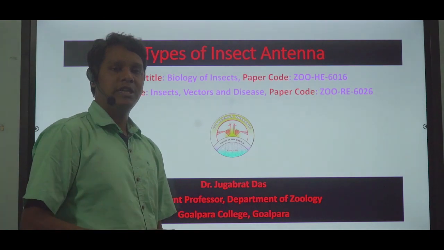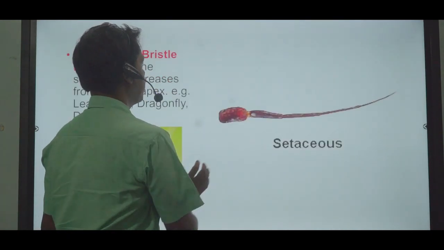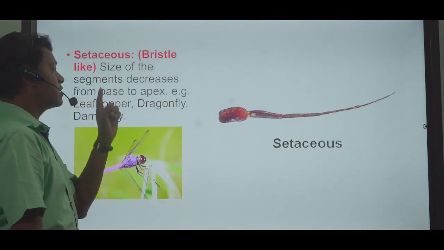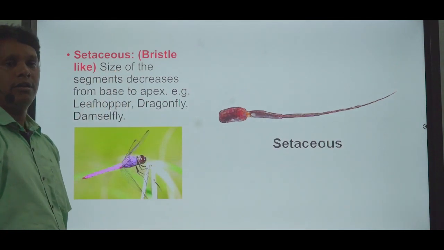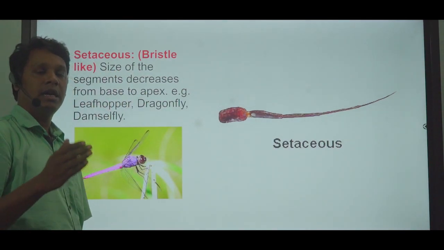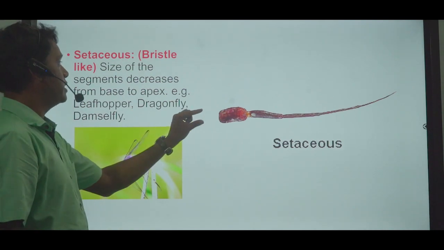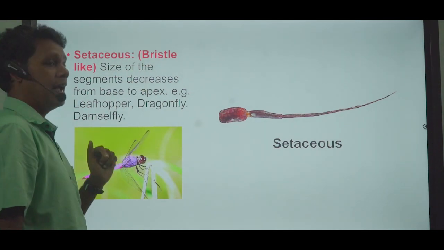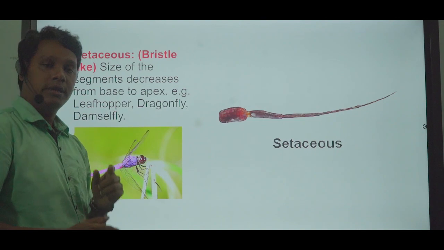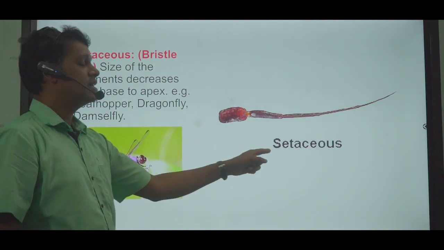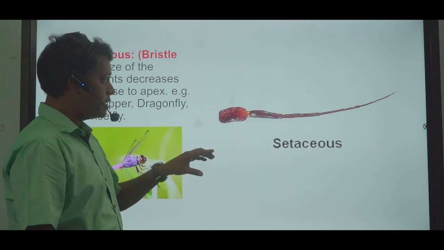Let's discuss the different types of antennae. The first type is setaceous antennae. Why setaceous? Because the structure of the antennae is bristle-like, so that is why this type is known as setaceous antennae.